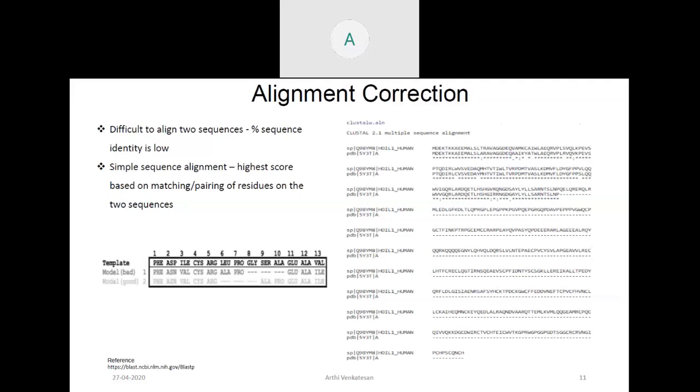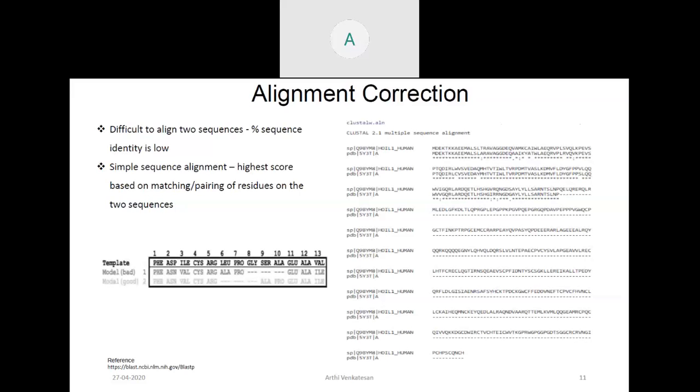In the right side image I have shown ClustalW alignment. If you are not getting a proper alignment correction, you can take your target sequence as well as the template sequence and go to the ClustalW website, a server called ClustalW.